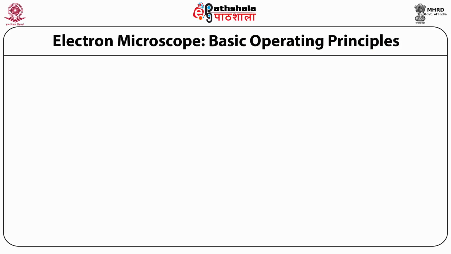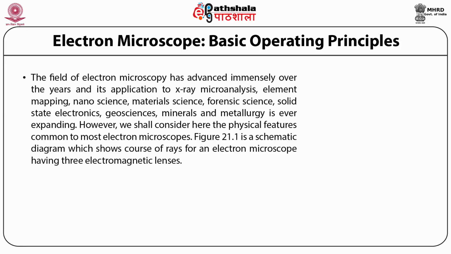Basic operating principles of electron microscope. The field of electron microscopy has advanced immensely over the years, and its application to X-ray microanalysis, element mapping, nanoscience, material science, forensic science, solid-state electronics, geosciences, minerals, and metallurgy is ever expanding.